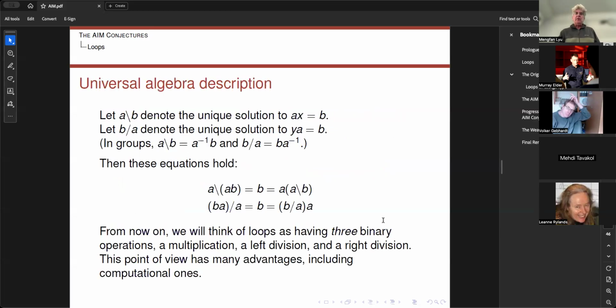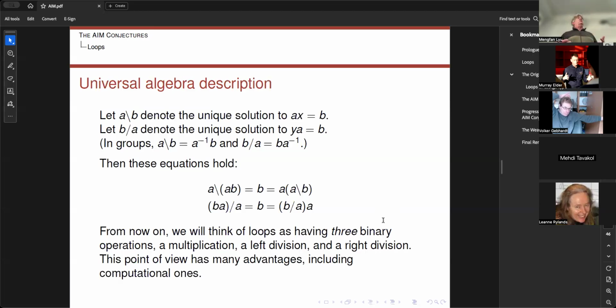Okay, now loops also have a different description, which is sometimes called the universal algebra description, which is the following. So let's say we have a loop, and we introduce some notation for the unique solutions to the 2 equations. So we use division operations, left division and right division, to denote the unique solutions of the corresponding equations.